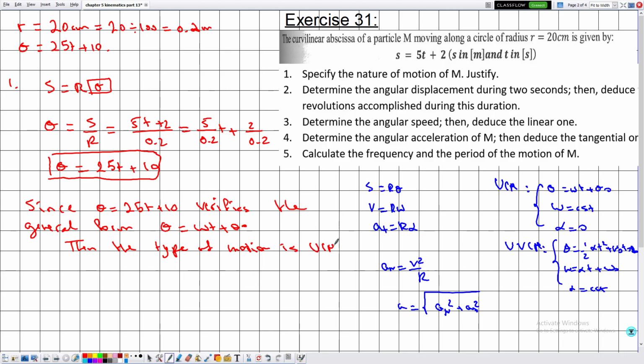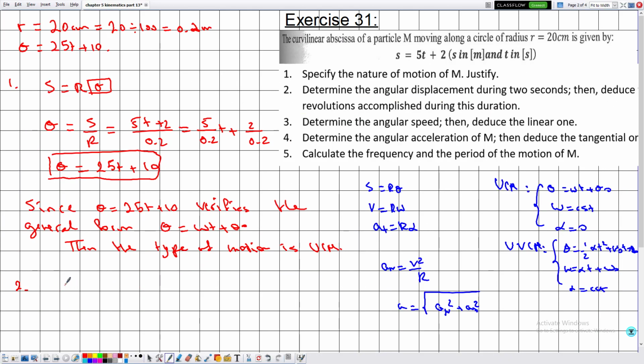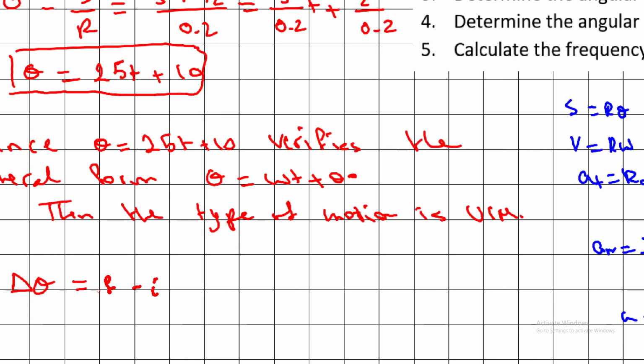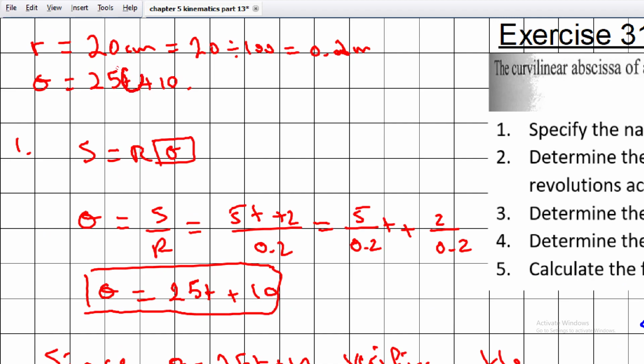Now in number 2, they are telling you to determine the angular displacement during 2 seconds. So the angular displacement means delta theta, which is given by final minus initial. So theta final minus theta initial. Theta final is theta computed at t equal to 2 seconds, which is 25 multiplied by 2 plus 10, replacing the value of t by 2.